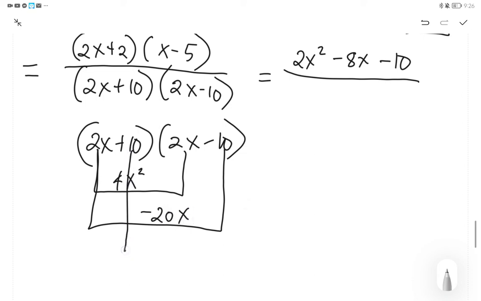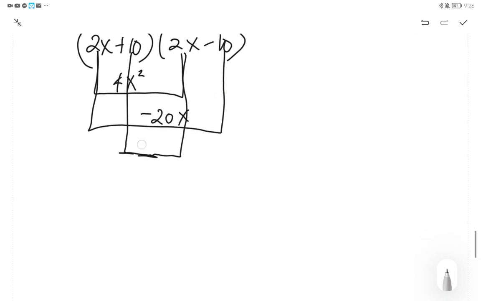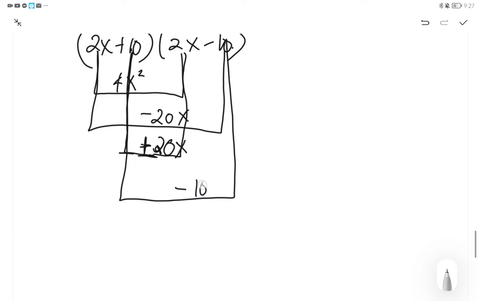Inner terms, 10 times 2x, that is positive 20x. And the last terms, positive 10 and negative 10. Positive 10 times negative 10, that's negative 100.